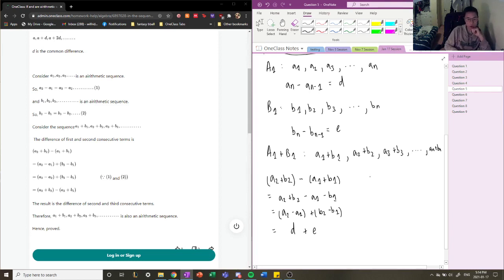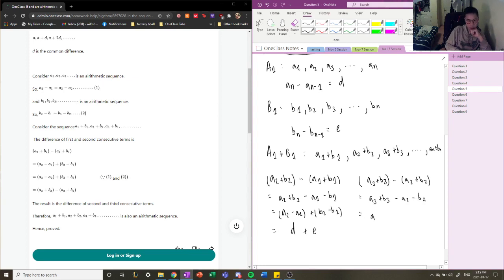So let's check A3 plus B3 minus A2 plus B2. If we do this for the next two consecutive terms, breaking through the brackets, we have A3 plus B3 minus A2 minus B2.